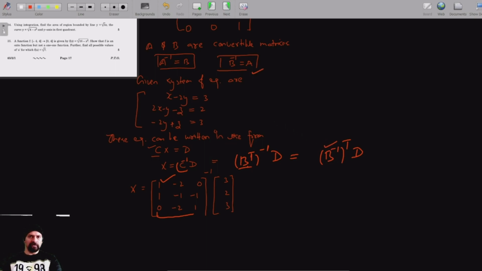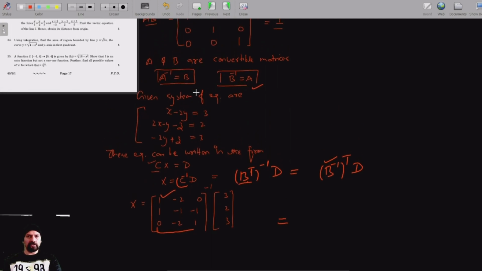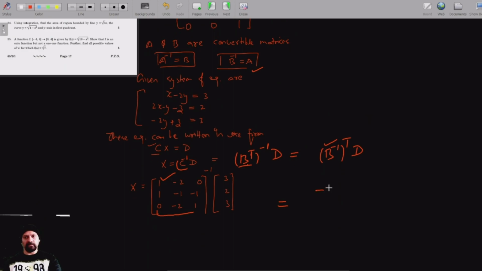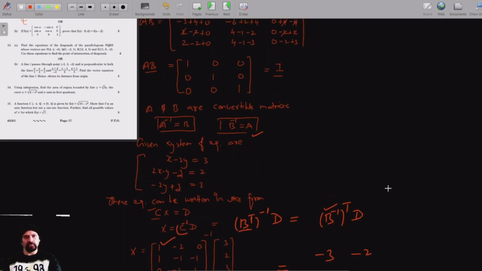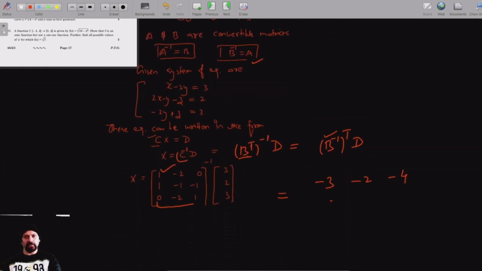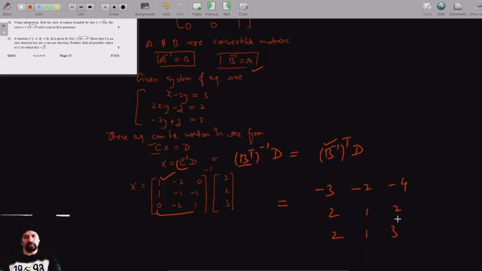Now B inverse is equal to A. So instead of B inverse, I can write the A matrix, and the A matrix is minus 3, minus 2, minus 4, and 2, 1, 2, and 2, 1, 3. So this is the B inverse.